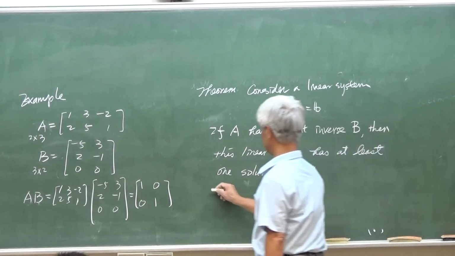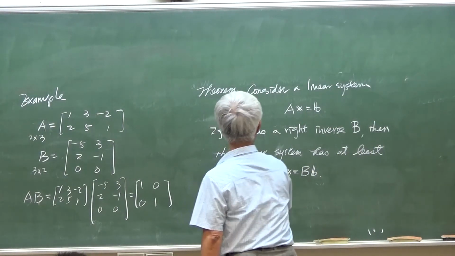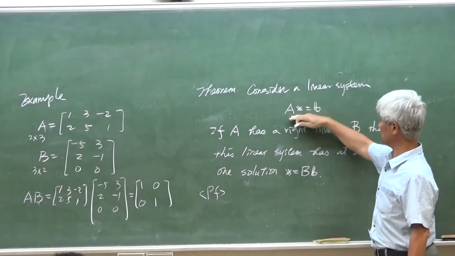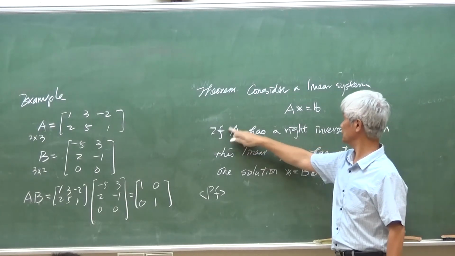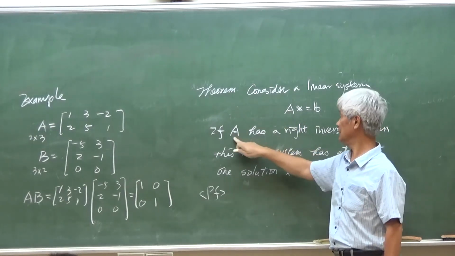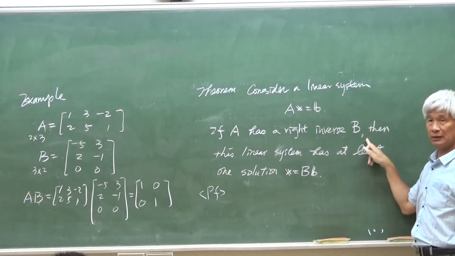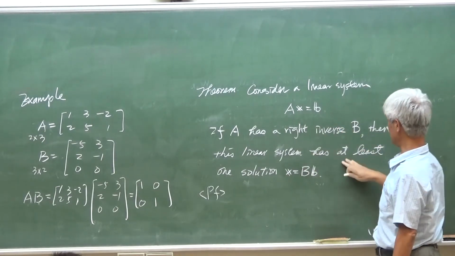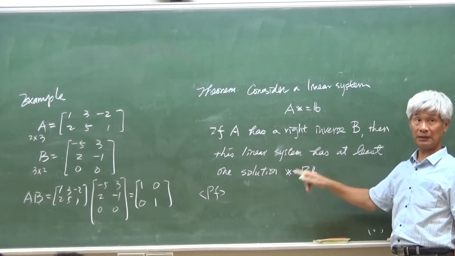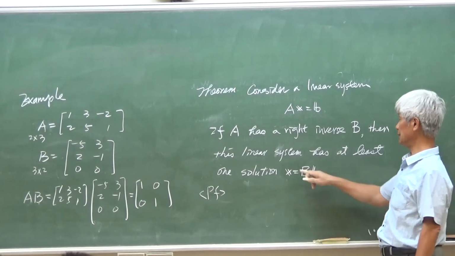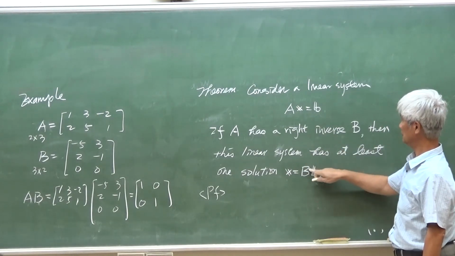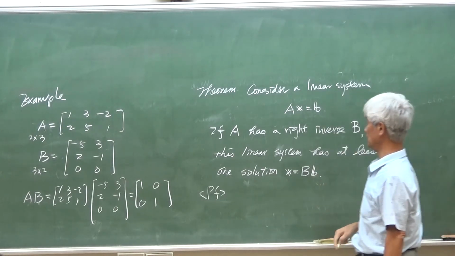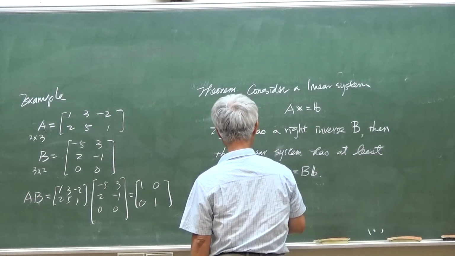The proof is simple. So when you consider a linear system like this one, and when you know that the coefficient matrix A has a right inverse B, then this linear system has at least one solution. It means that it is consistent. And such a solution can be found to be B multiplied with b. And the technique is very simple, right?